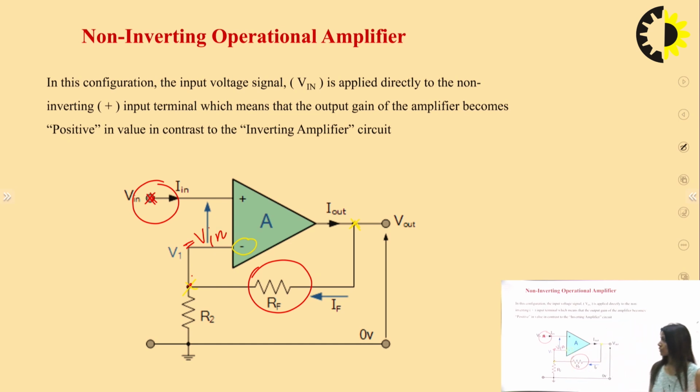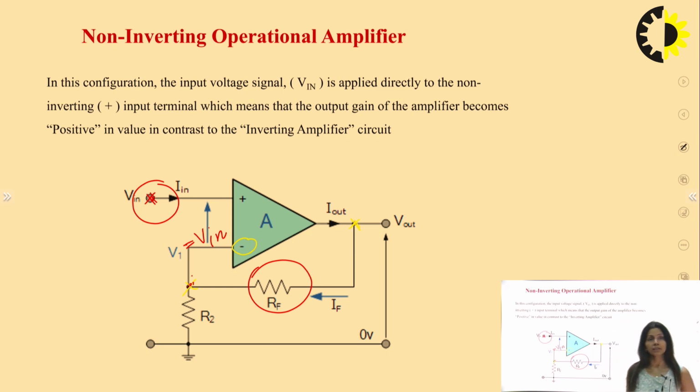Right? Okay. So V1 is equal to V in, the input voltage. Now what I need to do is apply my KCL at this point. I always told you that you need to apply KCL at this particular point.